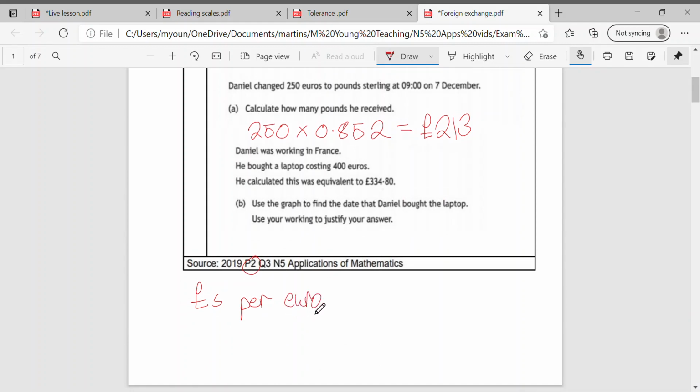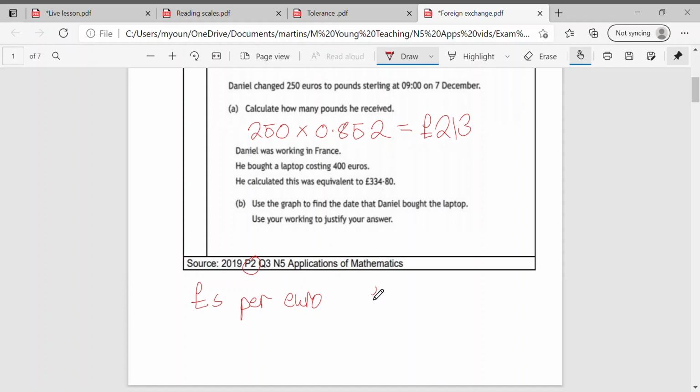And if you think back to maybe Best Buy, or when we're looking for price per kilogram, for example, that word per means divide. So to find how many pounds we're getting per euro, what I'm going to do is take the pounds value and divide it by how many euros that was worth.